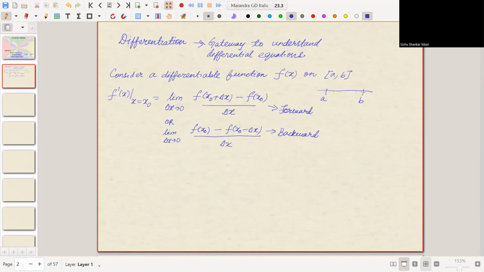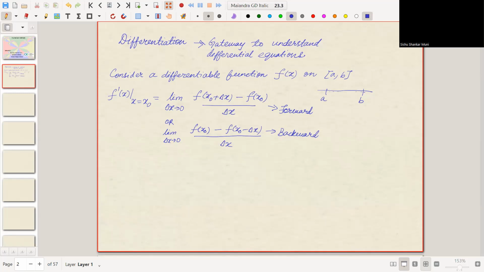Therefore it is known as forward. For the backward, you are using x naught minus delta x. That means you are going backward. Similarly, we will have similar names ahead to find derivatives of functions motivated by these definitions.